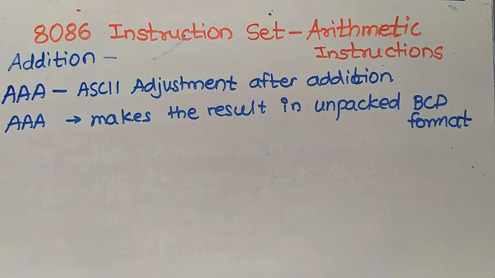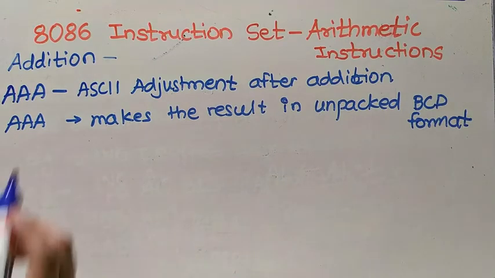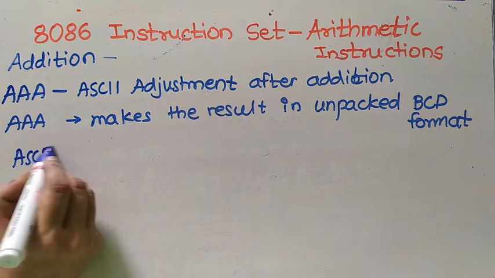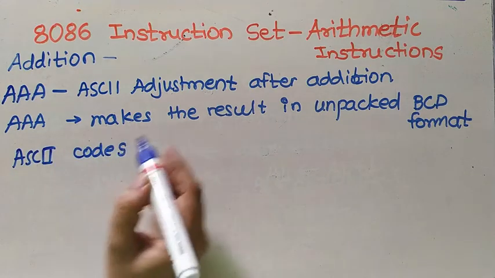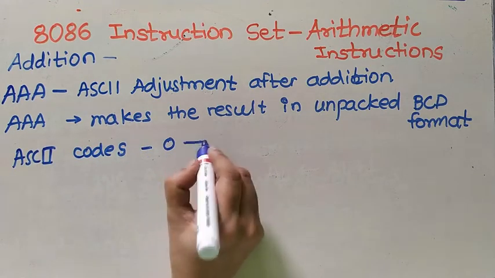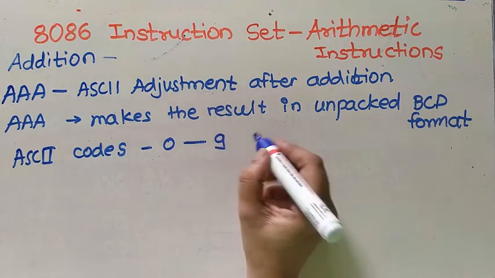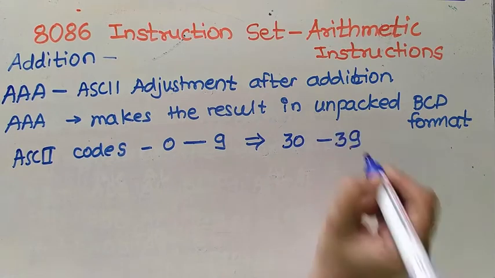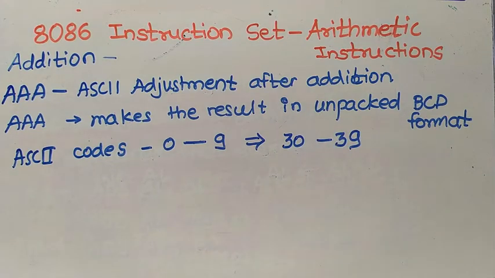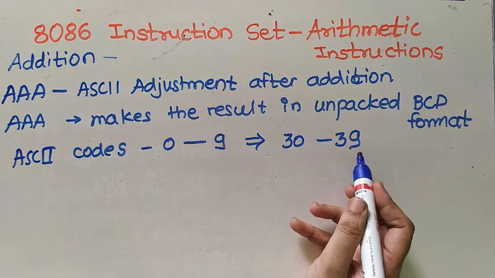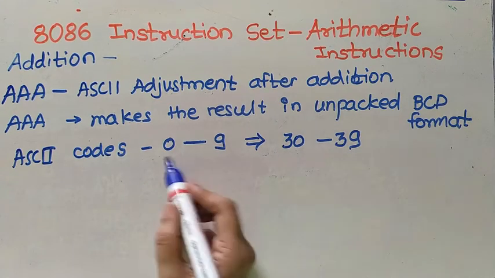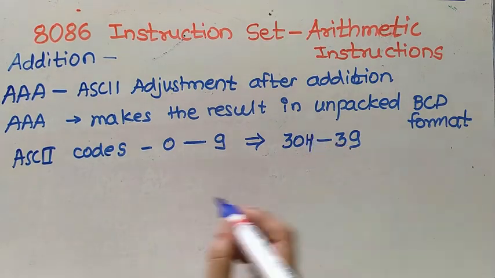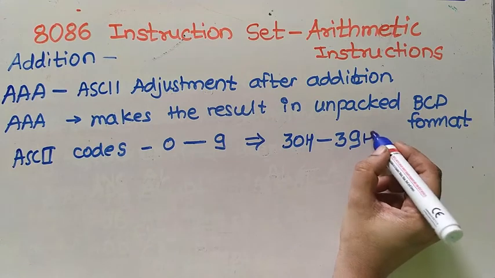We know that the ASCII codes for 0 to 9 are represented as 30H to 39H. That means 0 is represented by 30H and 9 is represented by 39H.